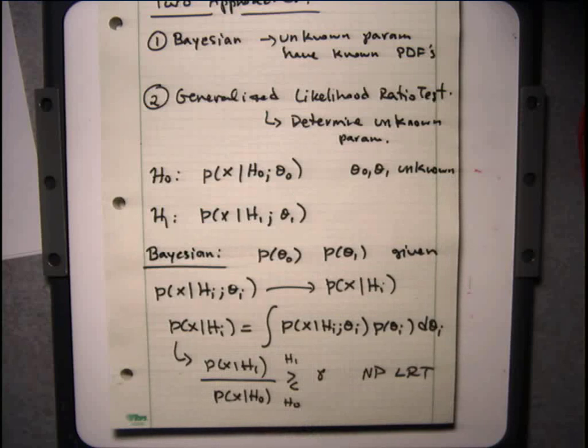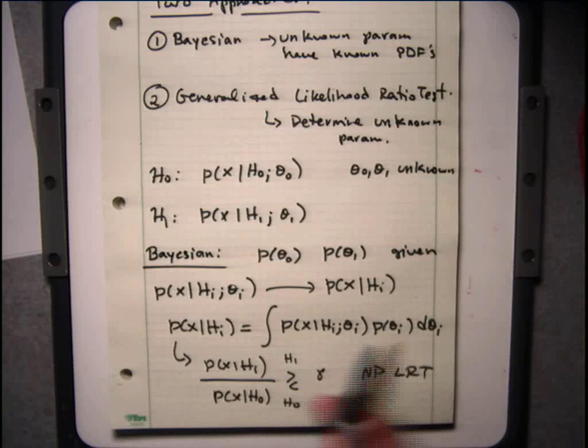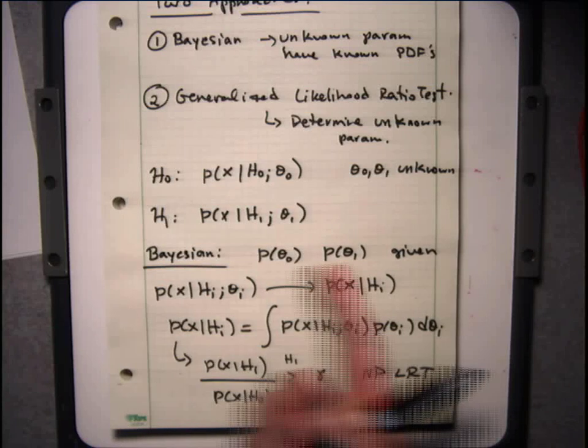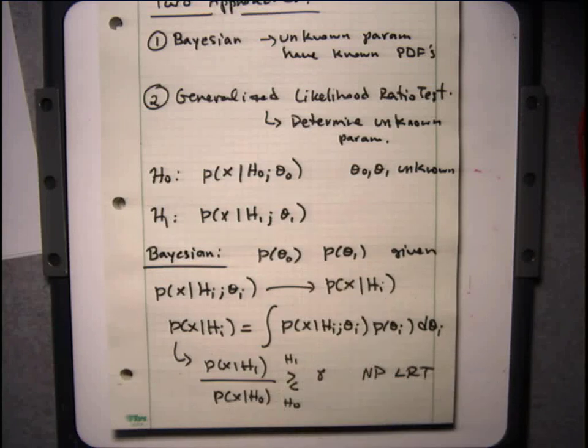However, the problem is that I have picked a prior which may not be exactly right. So it's really the difference between: do you trust the data or do you trust your prior? I can pick some prior for theta 0 and theta 1, and if I make a slight error, then I have biased my decision towards one side versus the other.